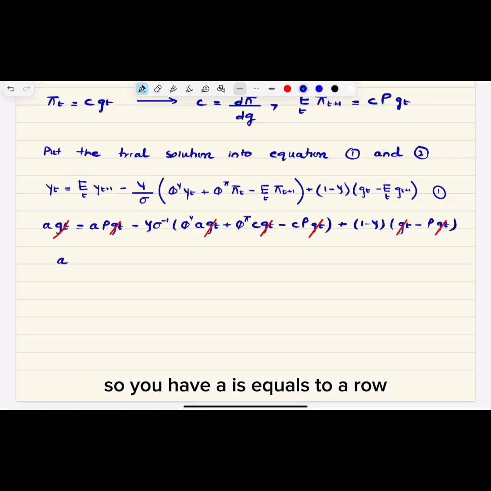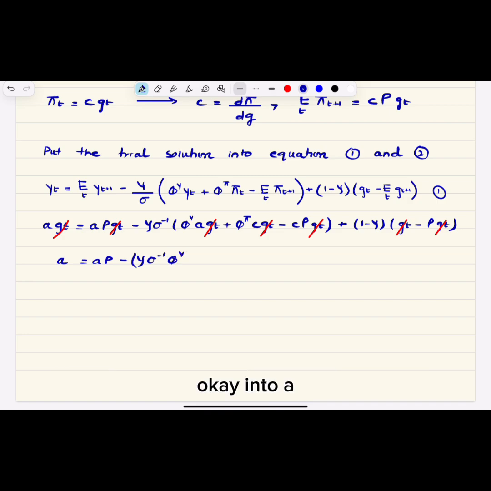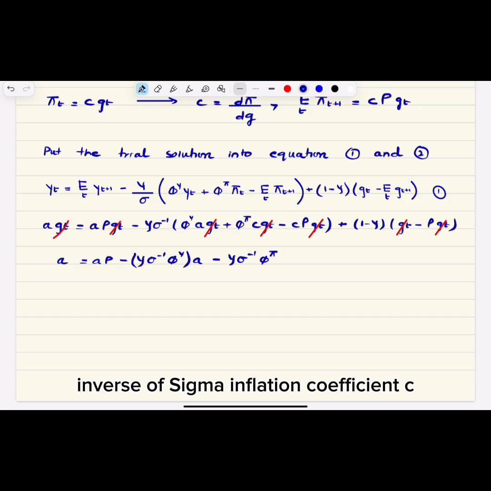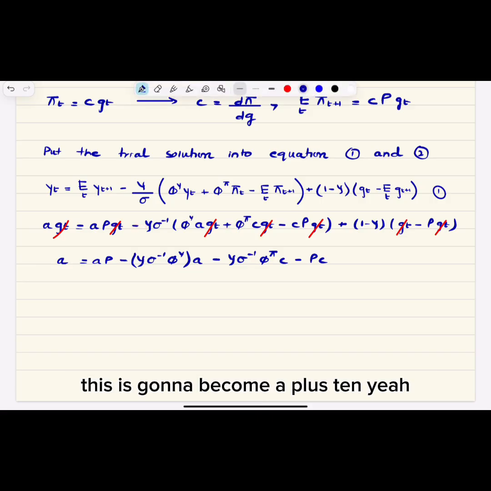So you have A equals A rho minus gamma inverse of sigma, the coefficient of output, into A. And then we have a minus gamma inverse of sigma, inflation coefficient C minus rho C. Yeah, because there's a minus there, this is going to become a plus then.